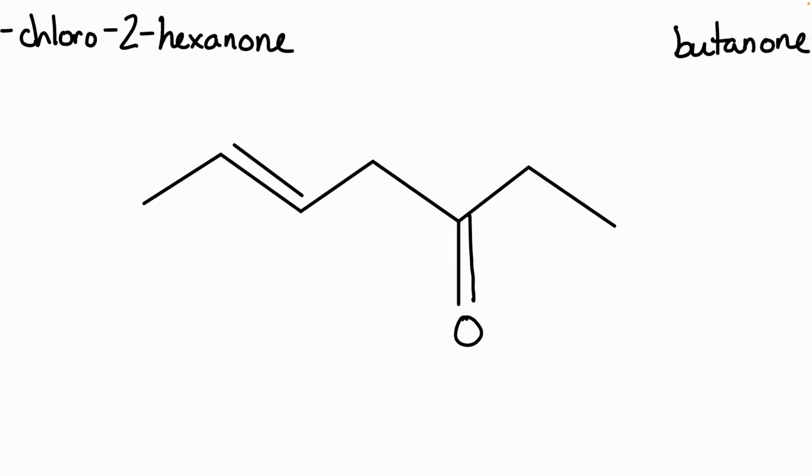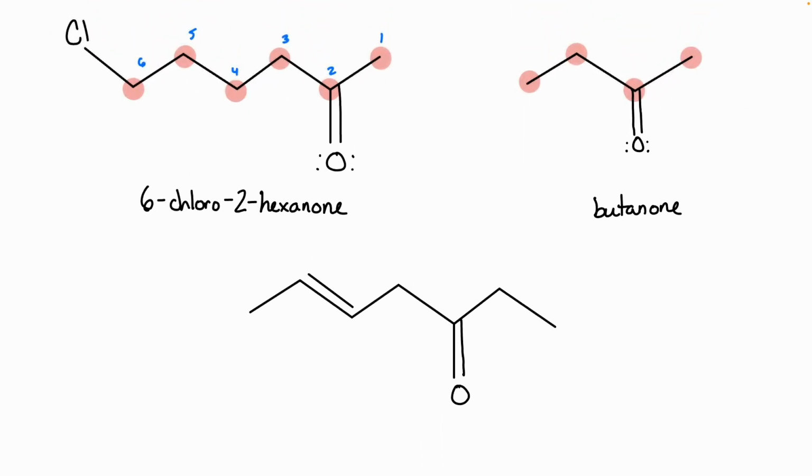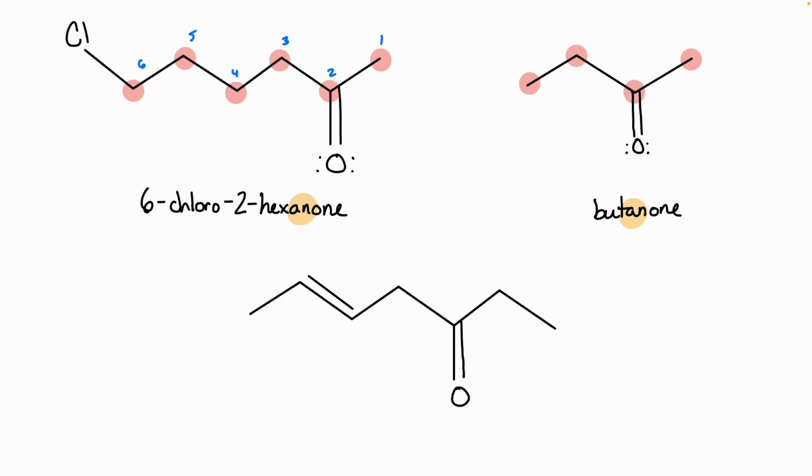All right, so now this one, importantly, in our previous compounds here, we had hexanone and butanone, and that A-N implied that there were all carbon-carbon single bonds in that molecule. Now we have this carbon-carbon double bond here. So it's going to be an enone. We've got to again find our parent chain. 1, 2, 3, 4, 5, 6, 7.